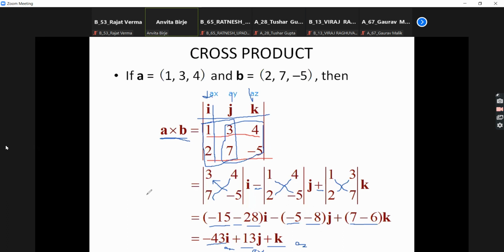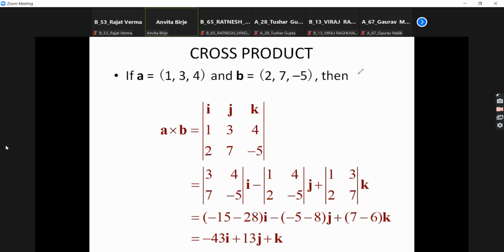So the cross product of two vectors has resulted in another vector. Now we can also calculate the magnitude of this resulting vector. That will be the square root of 43 squared plus 13 squared plus 1 squared. Please remember that the dot product of two vectors is a scalar value, but the cross product of two vectors is going to be a vector value.